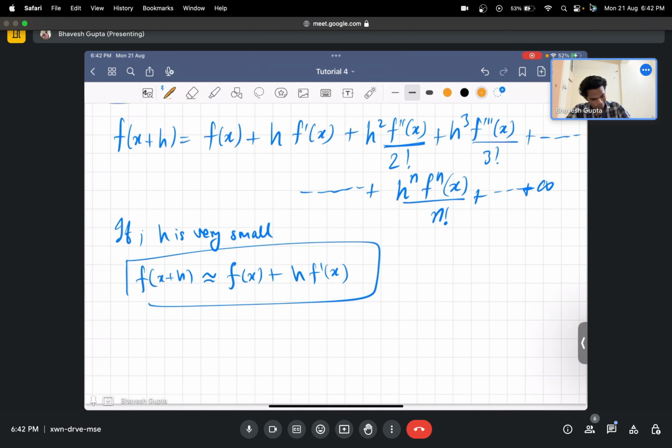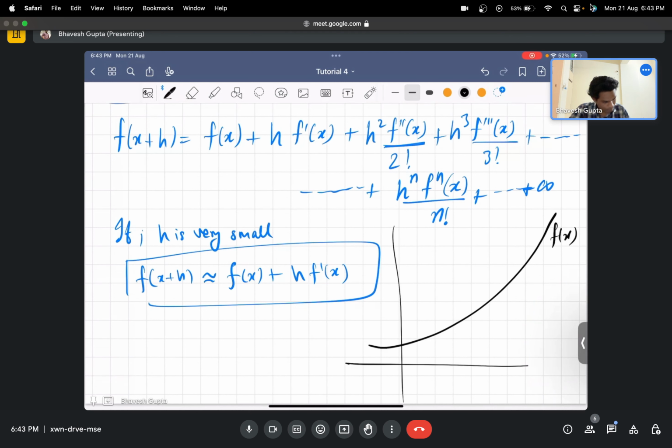For example, because I don't want to miss this, I thought let's discuss it now itself. Let's say this was your function, right? F of x. And you know what the value is at this point, at x, and the value over here is just f(x), and I gave you the task to estimate the value at a point whose x coordinate is at a distance of h.